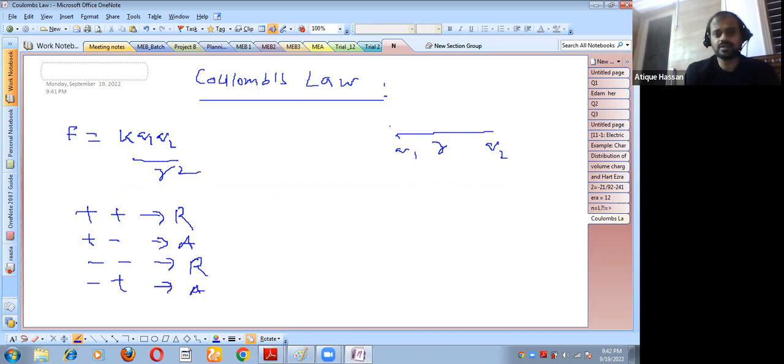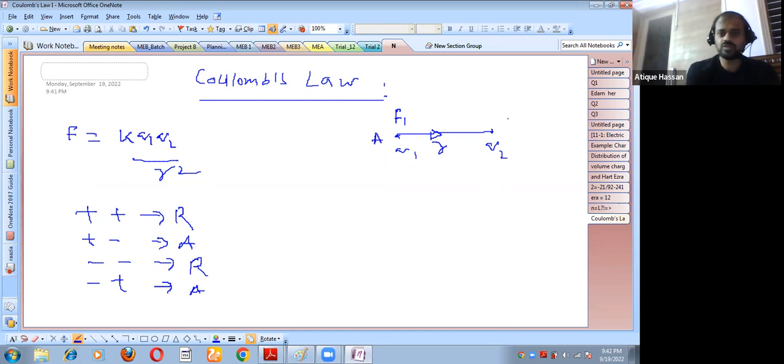And we know that the force acts along the line joining the charges, right? So force on one, if it is attraction, will be along the line joining the two charges.